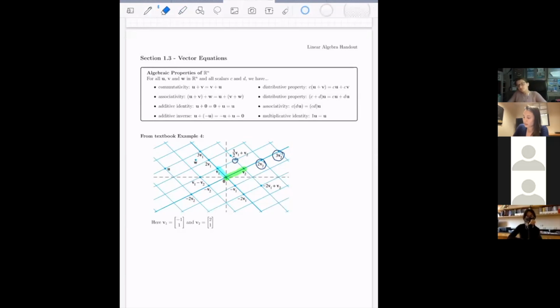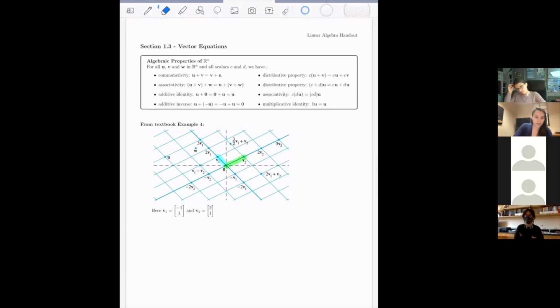Just from looking at this, you can see that you could actually get any point in R2. You could add some combination of those two vectors together to get you to any point.